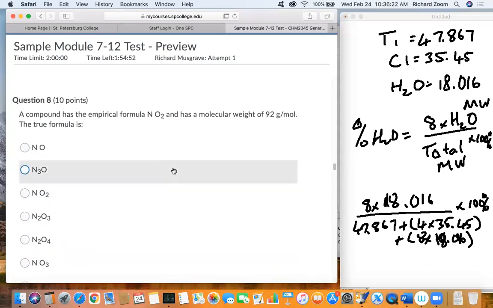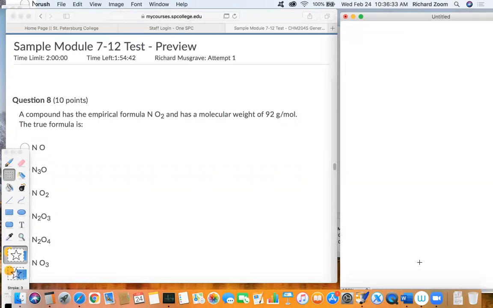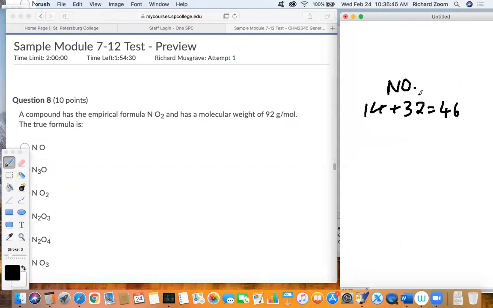Question 8. A compound has the empirical formula NO2, molecular weight of 92. I think the best method here is to take the NO2 and find its mass, which would be 14 plus 32, which is 46. So that's what NO2 is, 46 grams per mole.